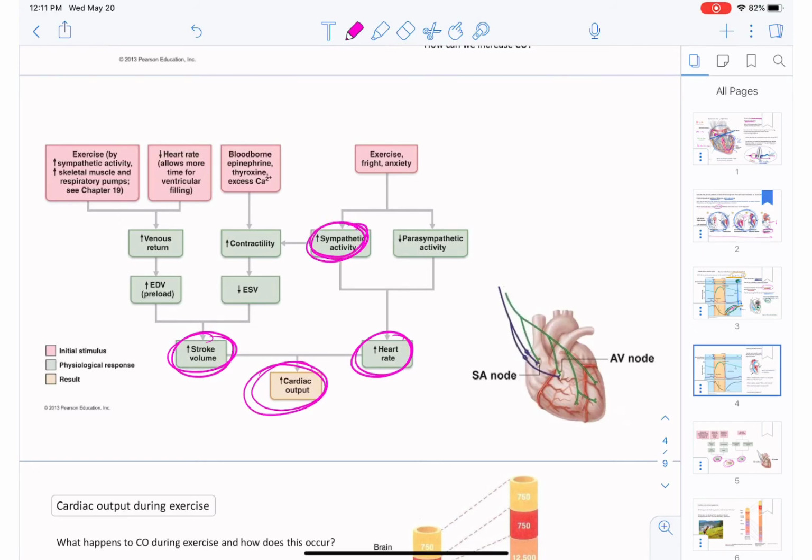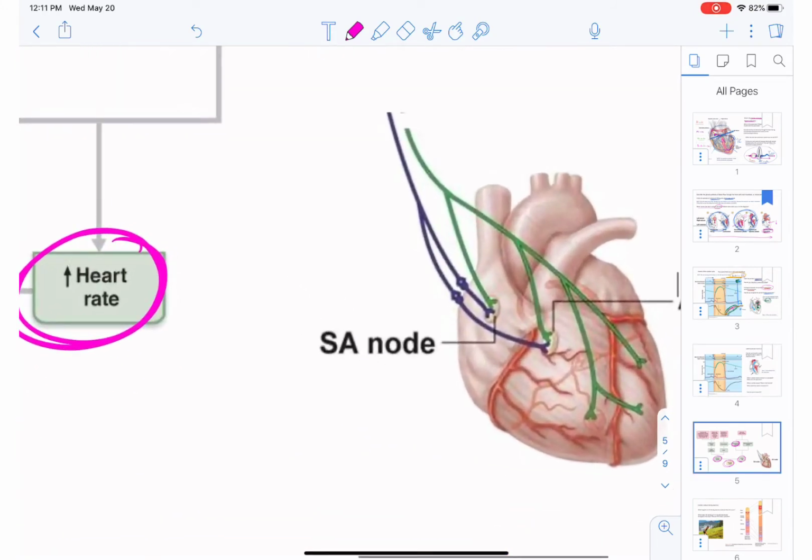The sympathetic nervous system. And what's the sympathetic nervous system going to do? Well, here you can see some sympathetic nerve fibers that are coming down. And what are they doing? They're stimulating the SA node, and they're increasing the frequency of action potentials on the SA node.